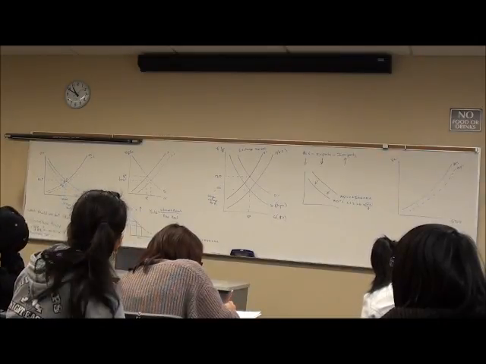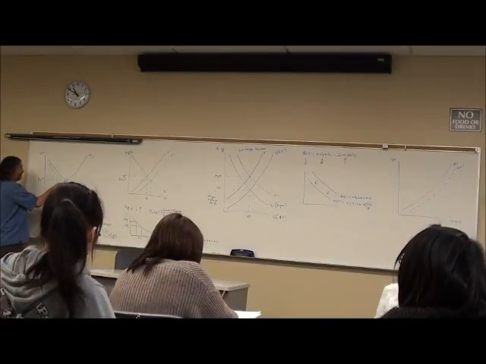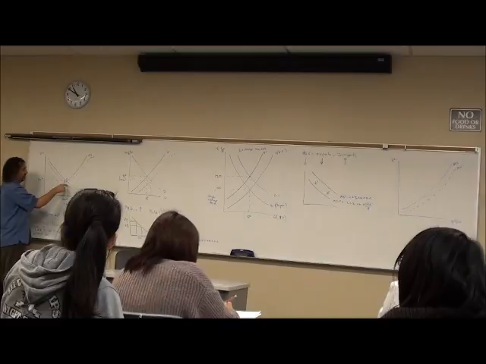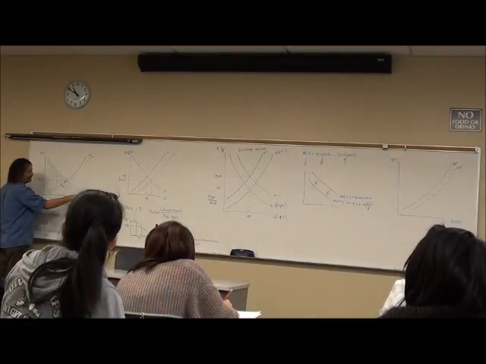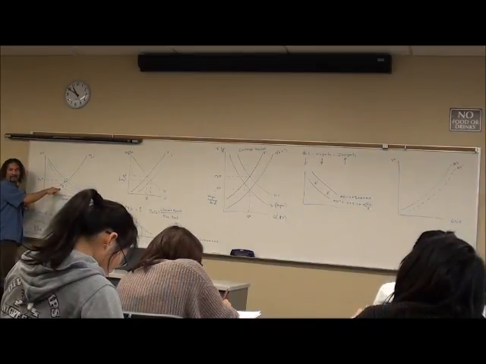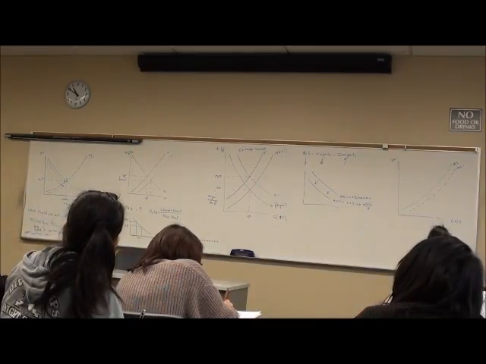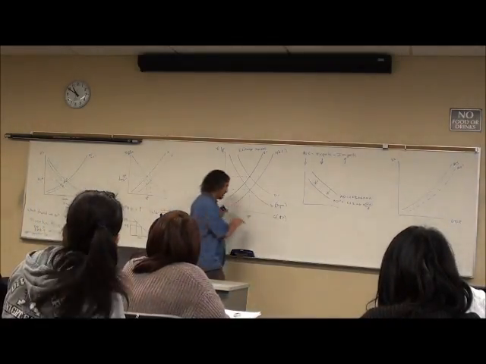So B was from the exchange rate? B to C was just from the exchange rate. So this one was consumption and investment changing, this one was net exports changing, and this was due to the cost of production. So that would probably get you full credit for that.